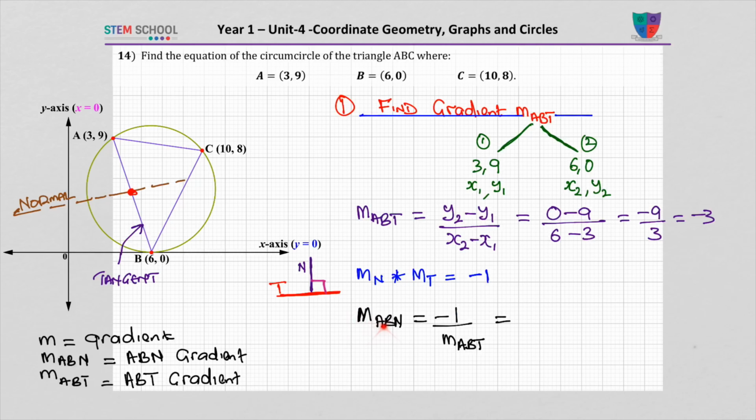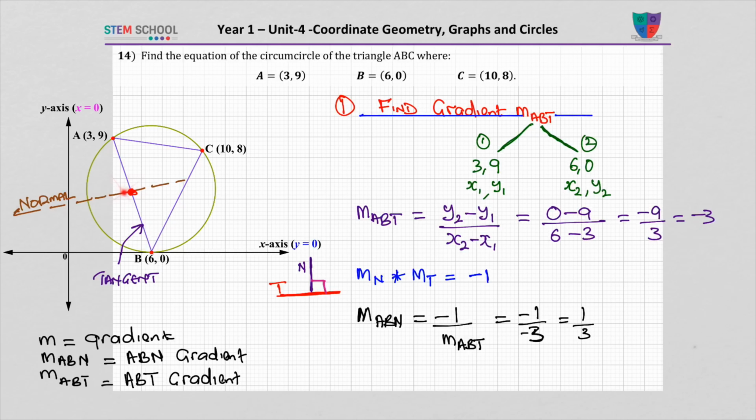So MAB normal, the gradient of the normal to AB, is going to be minus 1 over MAB tangent. So it's going to be minus 1 over the gradient of the tangent, which equals minus 1 over minus 3. Minus cancels minus, you get 1 over 3.